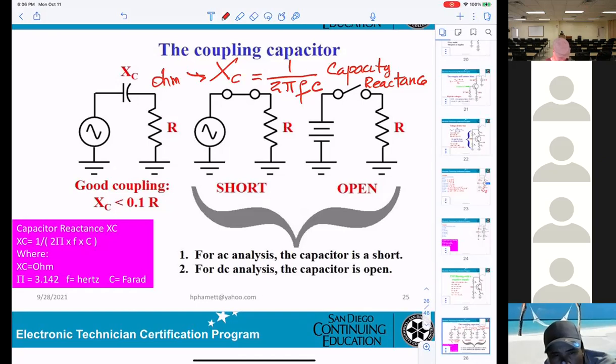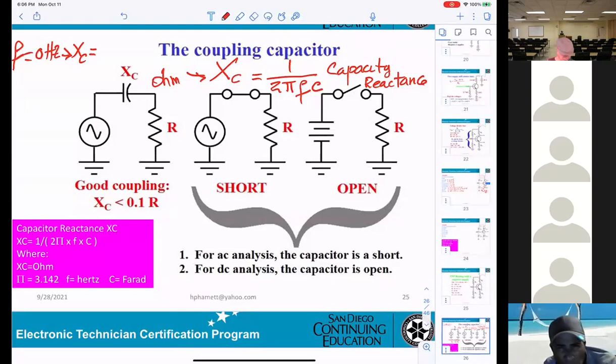Now, in this formula, if f equals 0, tell me what XC equals.